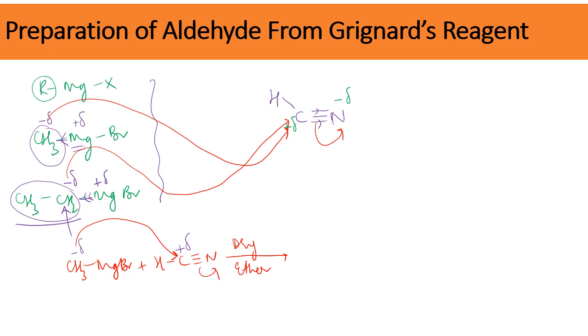When we complete our equation, this CH3 is attacking on this carbon, which is connected to nitrogen and hydrogen. So we'll connect this CH3 to the carbon which is connected to hydrogen and nitrogen. But this time nitrogen has a double bond in place of a triple bond, because when we made one, we broke one bond.